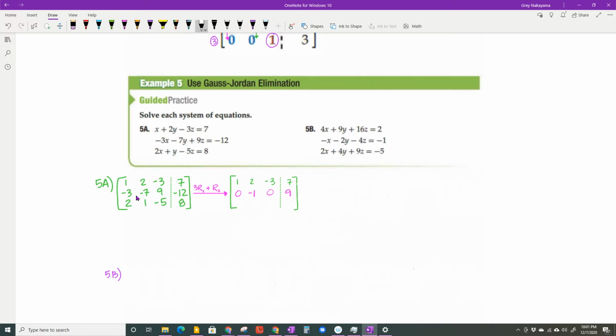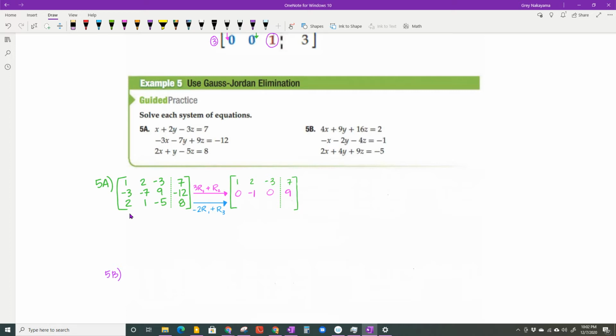Okay, now I'm going to go make this spot a 0. So I'm going to change the third row. When I change it, I'm going to multiply by the opposite of that number. So I'm going to multiply by -2 and then add it to the third row. I'm using the 1, so that's why it's -2 times row 1 plus row 3.